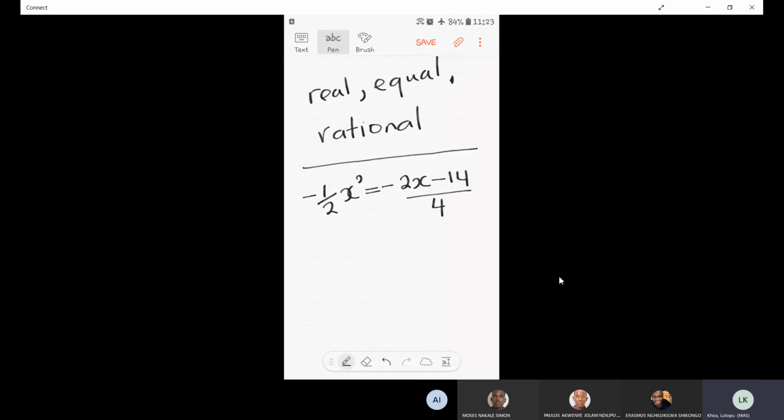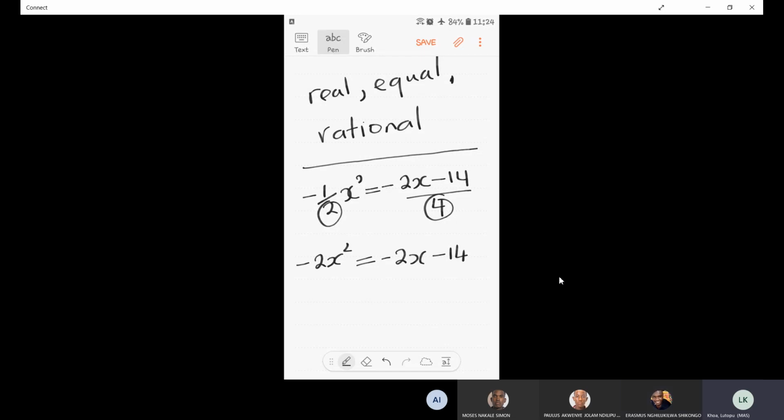So first thing I can do is get rid of the denominators by multiplying by 4 on both sides. So when I do that, I have negative 2x squared equal to negative 2x minus 14. So I multiplied by 4 on both sides. So that's why this 4 is gone. And then this 2 here, when I multiplied by 4, there's a 2 left. And that's where I got negative 2x squared. Then I must bring everything to one side, 0 on the other side.